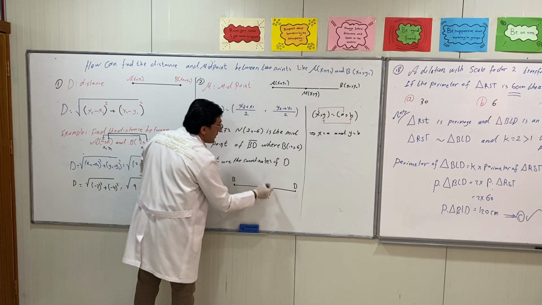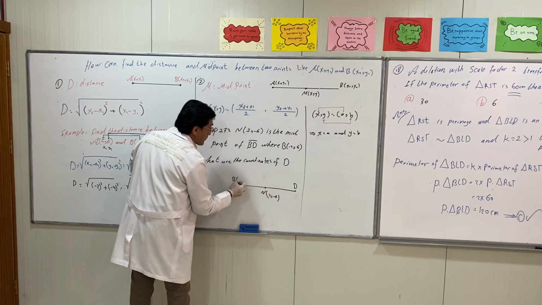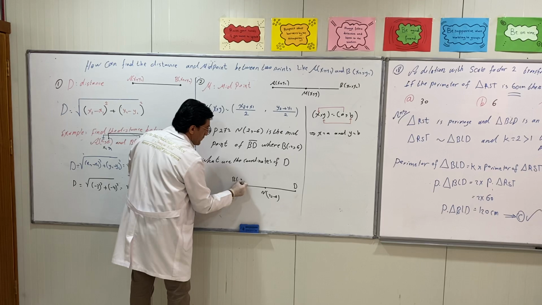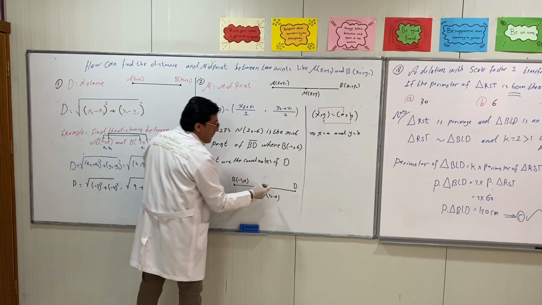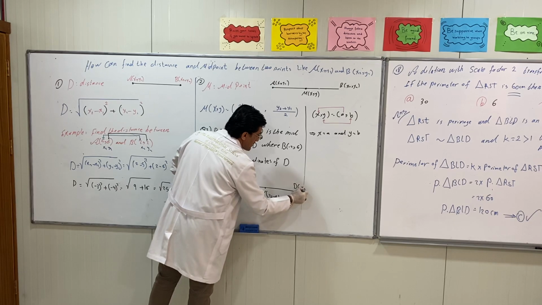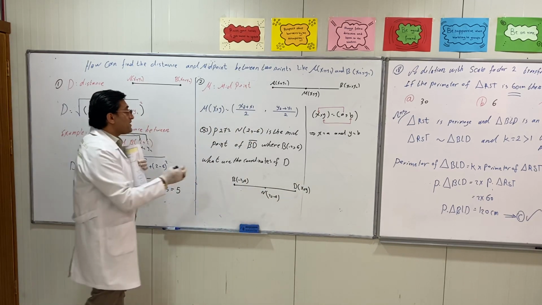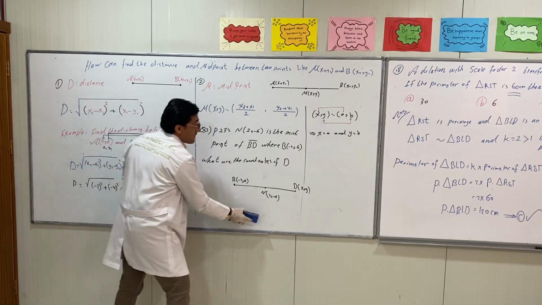N is given, N equals (2, -6), and B equals (-2, 6). But D is unknown. So how can we find D? To find D, use the same rule.